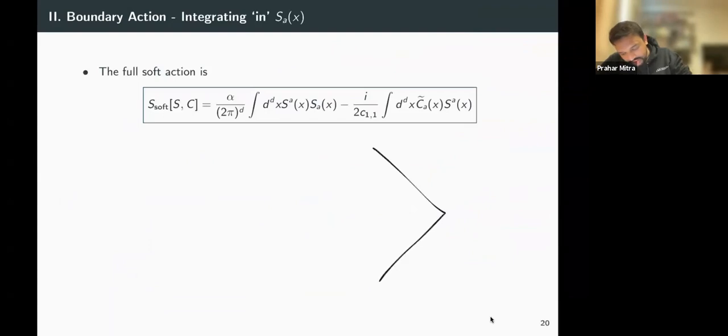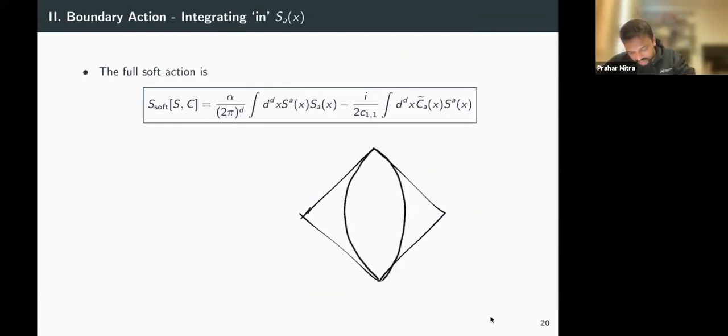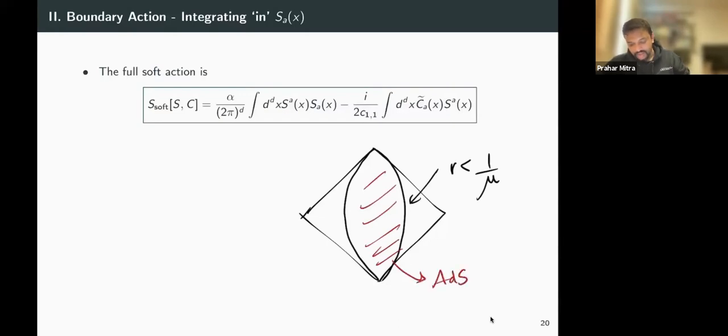This is the Penrose diagram of Minkowski space, and you can think of mu as this cutoff in this space, so r less than 1 over mu, and this space inside is actually AdS. So you can think of Minkowski space as this AdS including the cutoff, and taking the limit mu goes to 0 is the large radius limit of AdS.